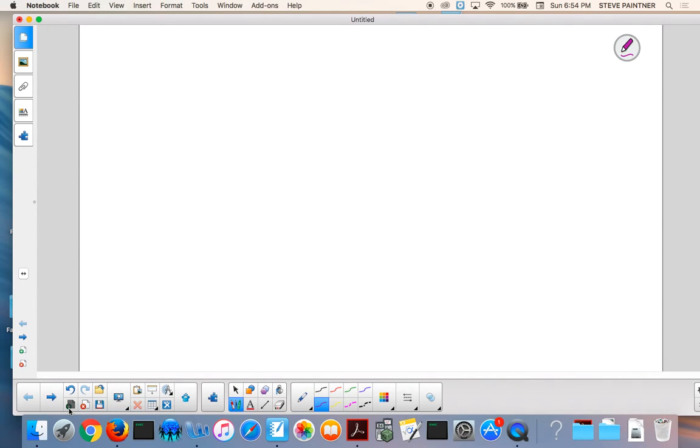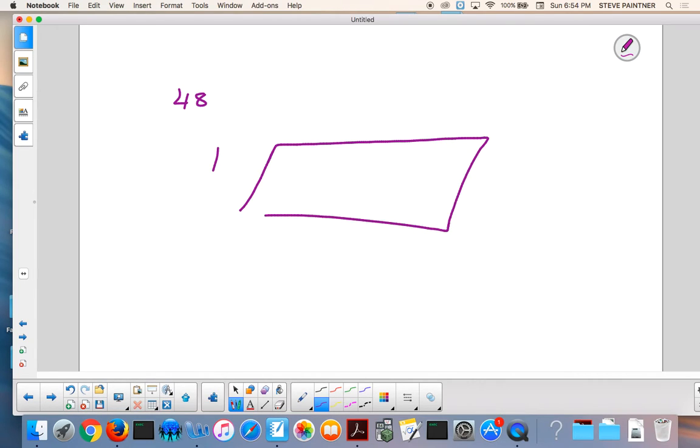Okay, next up, number, what did I say? 48. Okay, here they're talking about a parallelogram. And in a parallelogram, we have all opposite sides parallel. It's a quadrilateral.